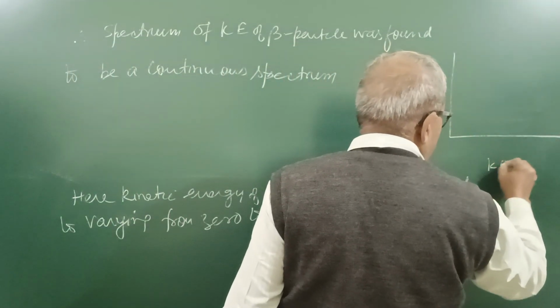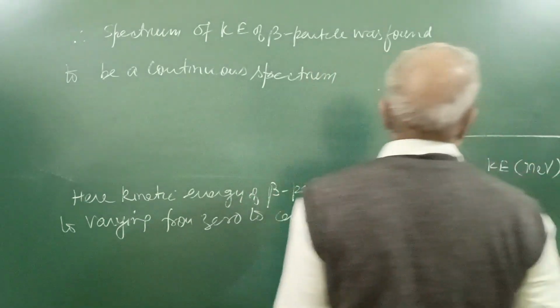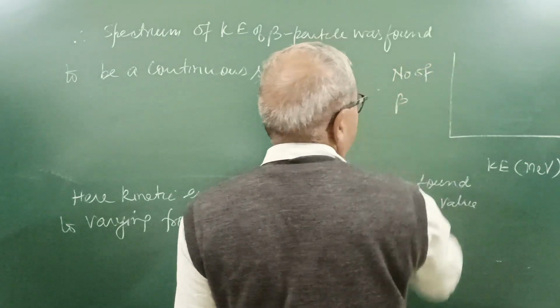Here, kinetic energy in MeV, and here the number of beta particles.